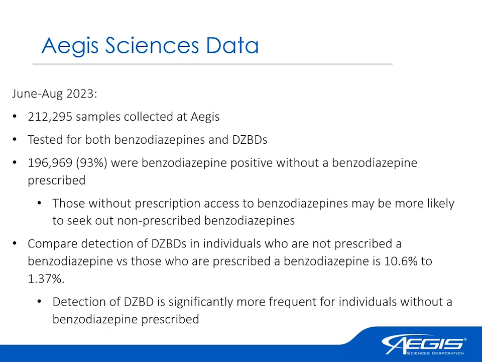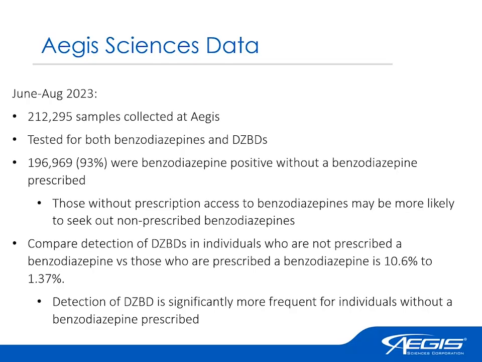Out of just over 212,000 samples collected at Aegis from June to August of 2023, all were tested for both benzodiazepines and designer benzodiazepines. 196,969, which is 93% of those, were without a benzodiazepine indicated as prescribed.